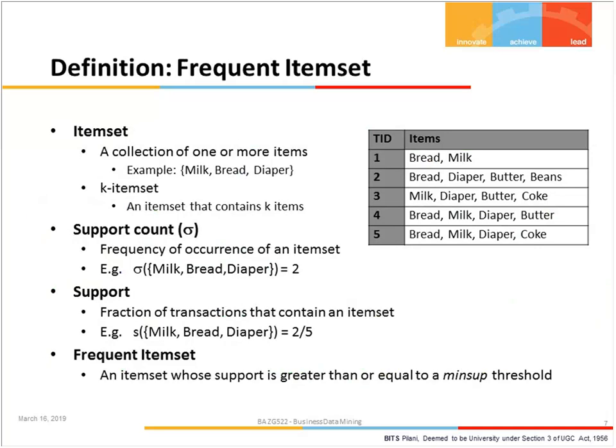So now we will come to defining some nomenclature or terms, and that will enable the discussion on association mining. First, each transaction or each basket consists of a set of items. When we take items in a group, here there is bread, diaper, butter, beans. Let's say we are referring to beans and bread.